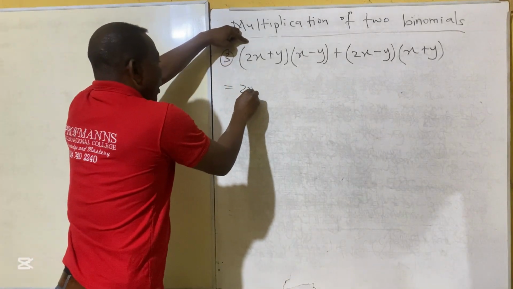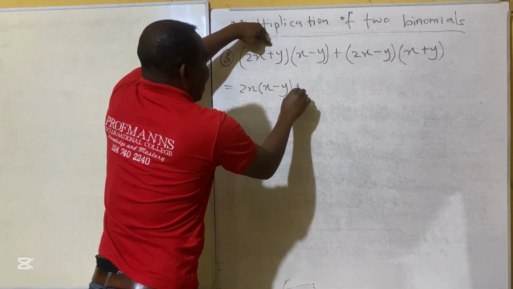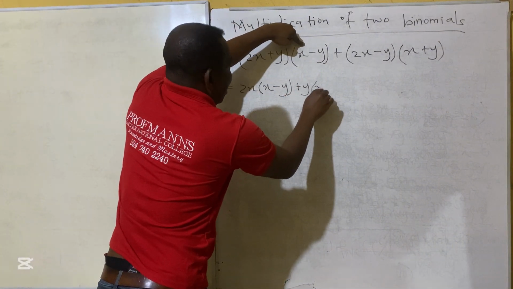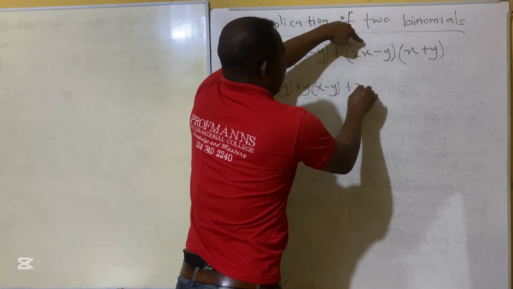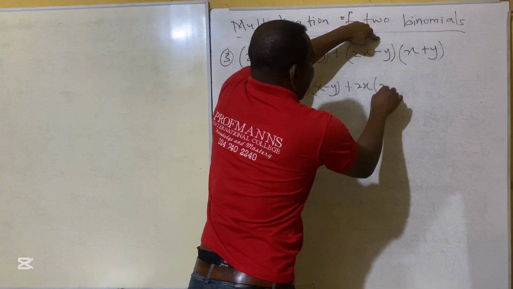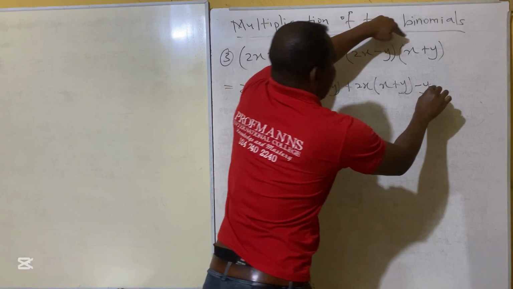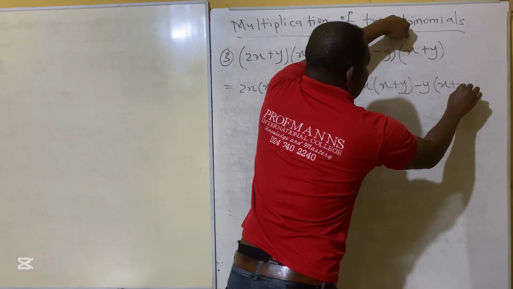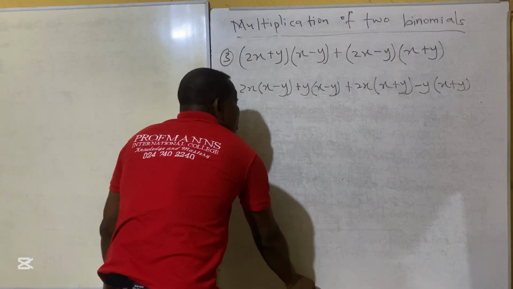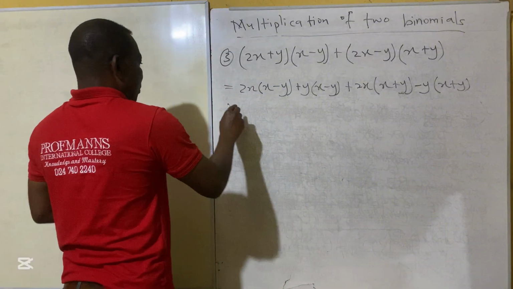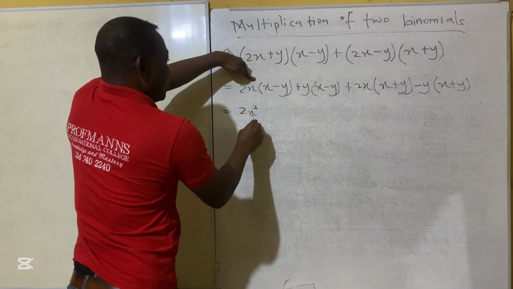So 2x times x minus y, plus y into x minus y, plus 2x into x plus y, minus y into x plus y. Okay, so let's expand. So when we expand here, it gives us 2x squared.